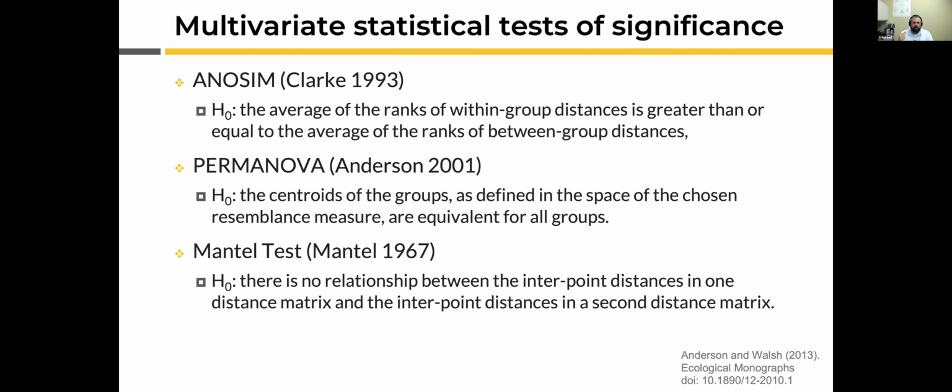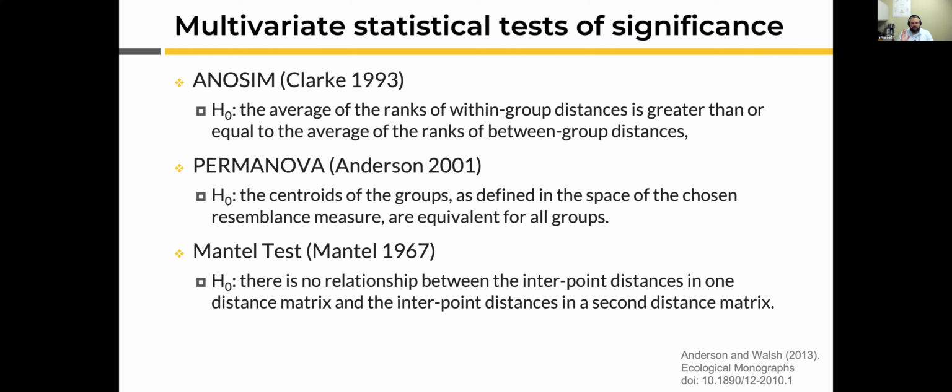PERMANOVA is more clustering focused, so it takes all of the subjects within each group and measures the centroids for those groups. If you take all of your samples within one group and find the sort of center of mass of all those points, that's the centroid, and PERMANOVA compares whether or not the centroids are the same.